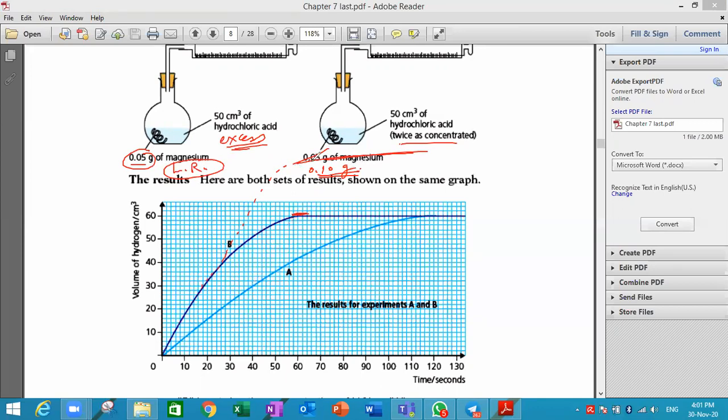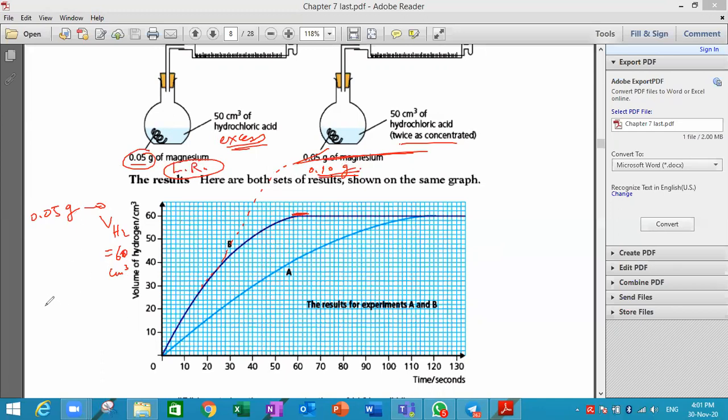Understand what I mean? Yes. Because magnesium is the limiting reactant. It means that if I place 0.05 gram of magnesium, it will give me a certain volume of hydrogen gas, which was, for example, 60 centimeter cube, isn't it?